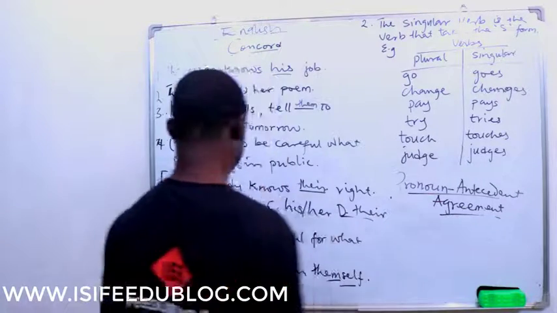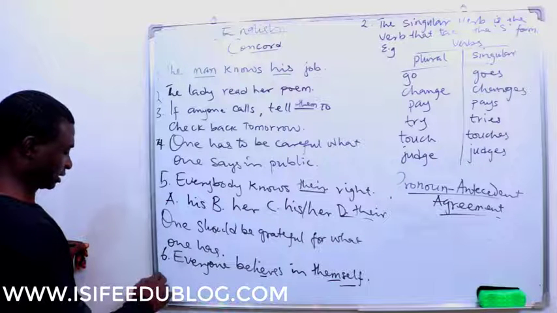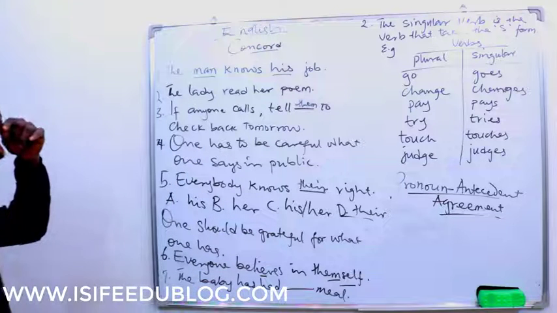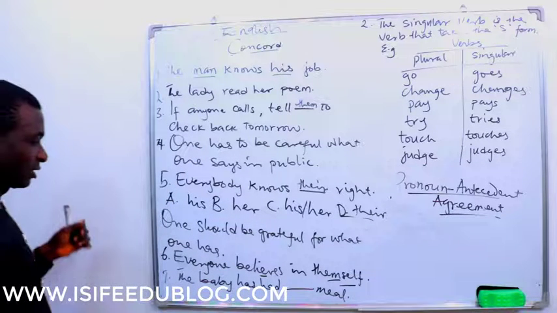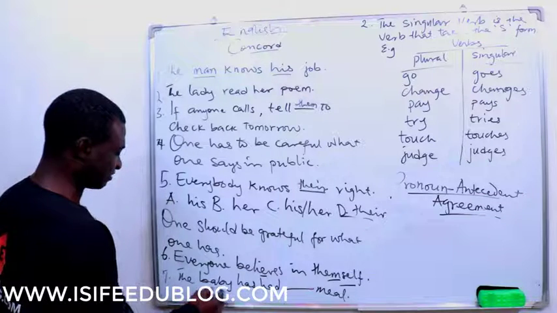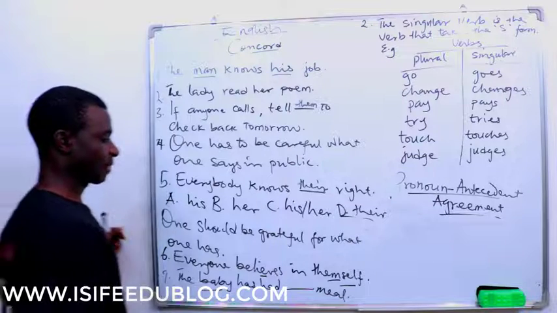Let me look at other sentences where this could be a problem. Now, the baby has had dash meal. What will be the antecedent? Baby. What will be the best pronoun to be used here?